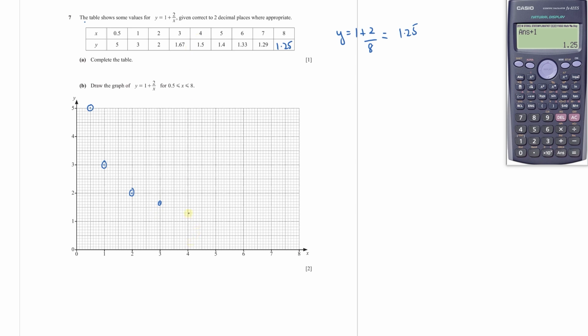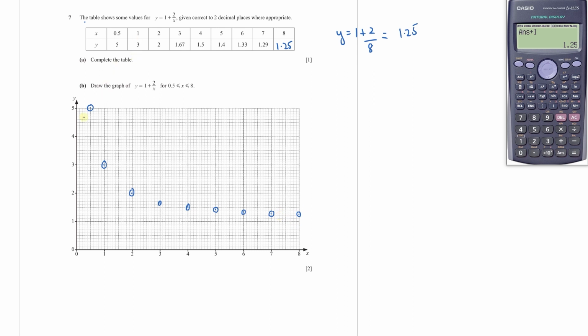Then you have 4 and 1.5. 4 and 1.5 is this. 5 and 1.4, which is this. 6 and 1.33. 1.1, 1.2, 1.3, just a little above 1.3. 7 and 1.29. So 1.29 is just below 1.3. 8 and 1.25. So right between 1.2 and 1.3 will be 1.25. So this will be the plot.